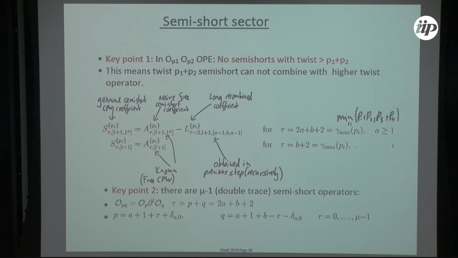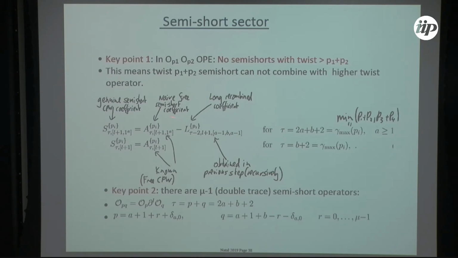So S here is the correct semi-short coefficient of the block expansion. A is the naive semi-short coefficient you get from free theory, and L is this long coefficient. So I'm just doing free theory analysis here and trying to separate out the genuine protected and the long stuff.